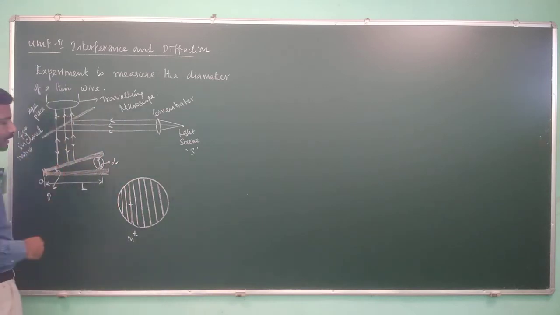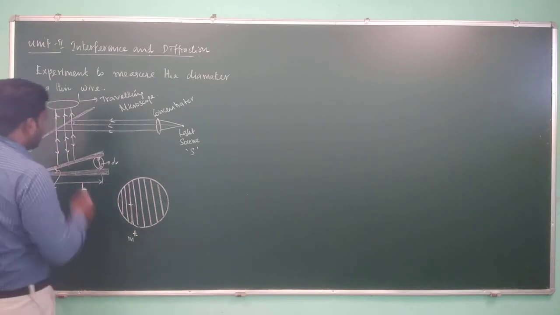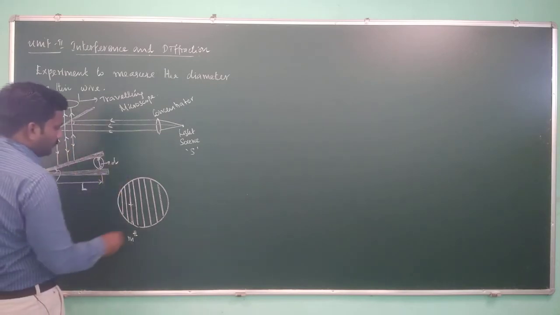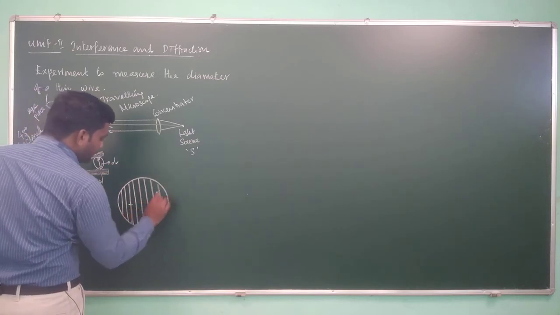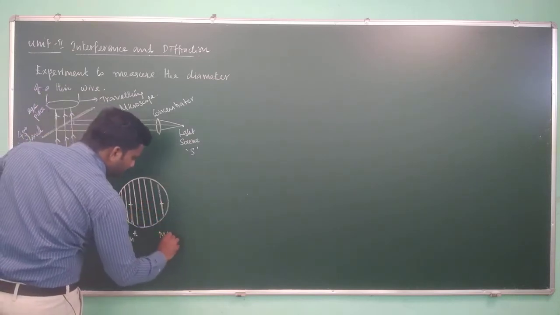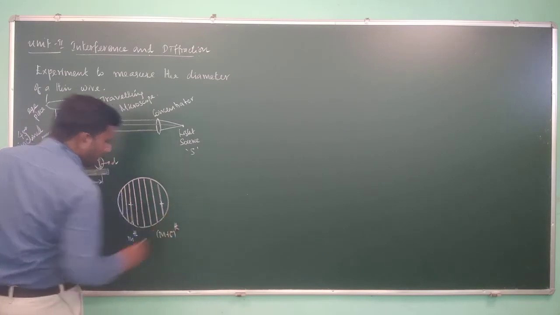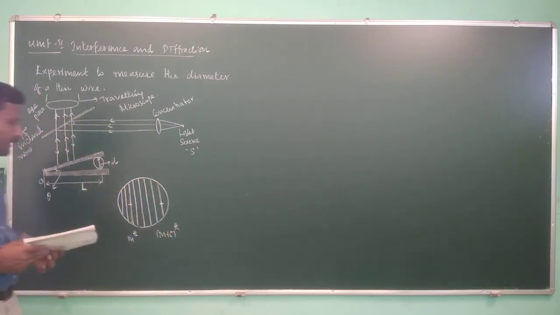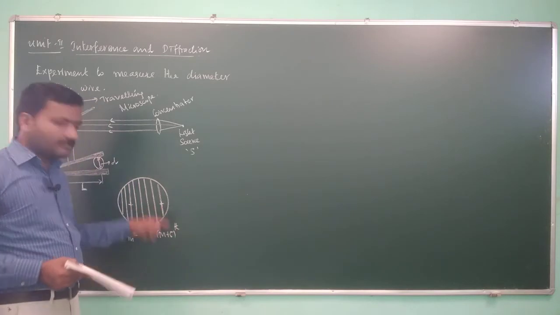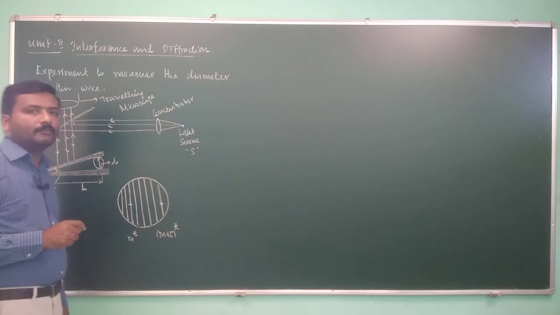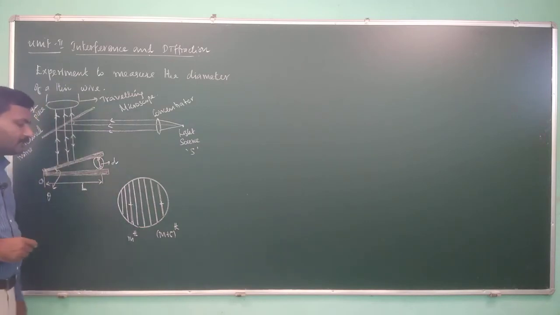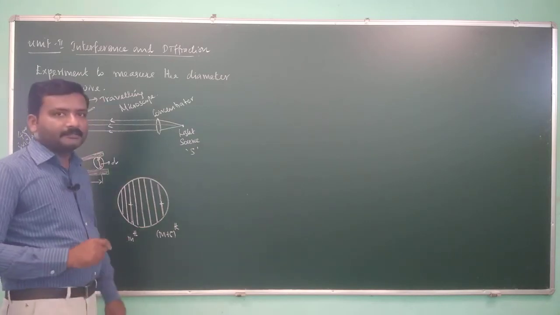We note down the main scale reading of the traveling microscope, and then move the microscope toward the fifth fringe: 1, 2, 3, 4, 5. We put the cross wire on the m plus 5th fringe and again note the traveling microscope horizontal reading.